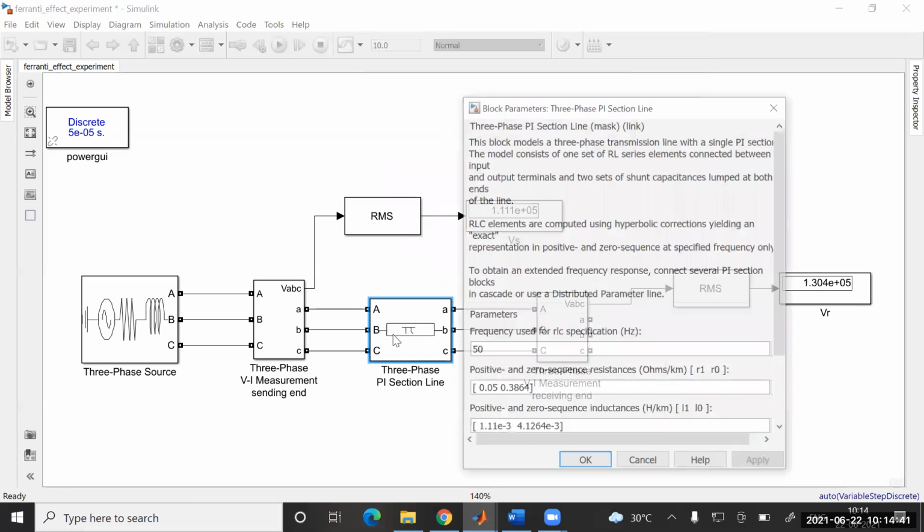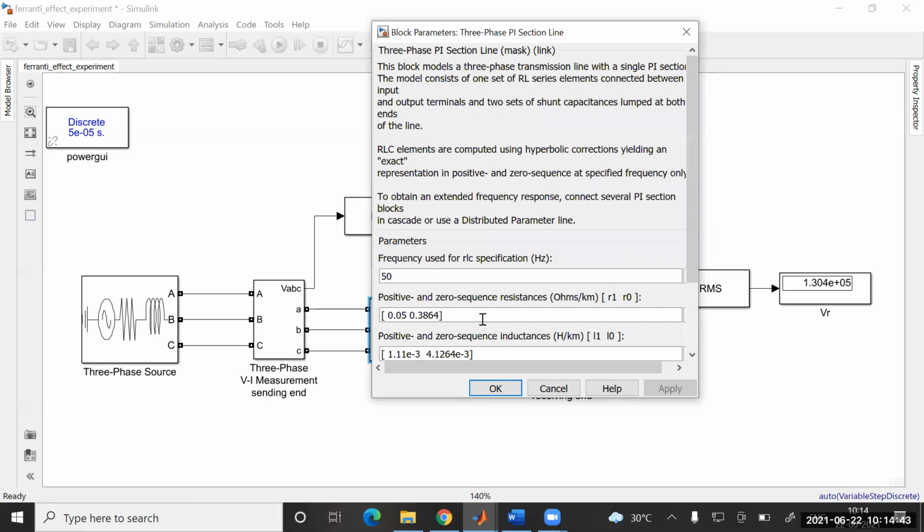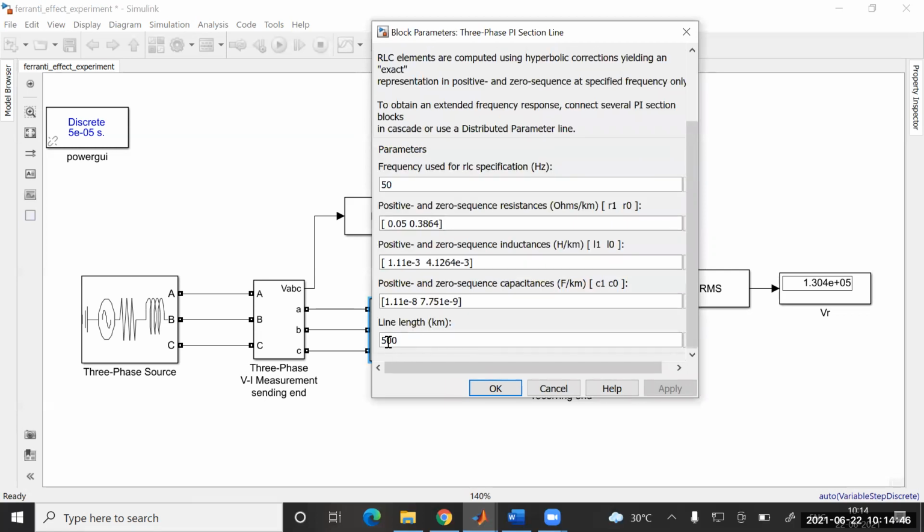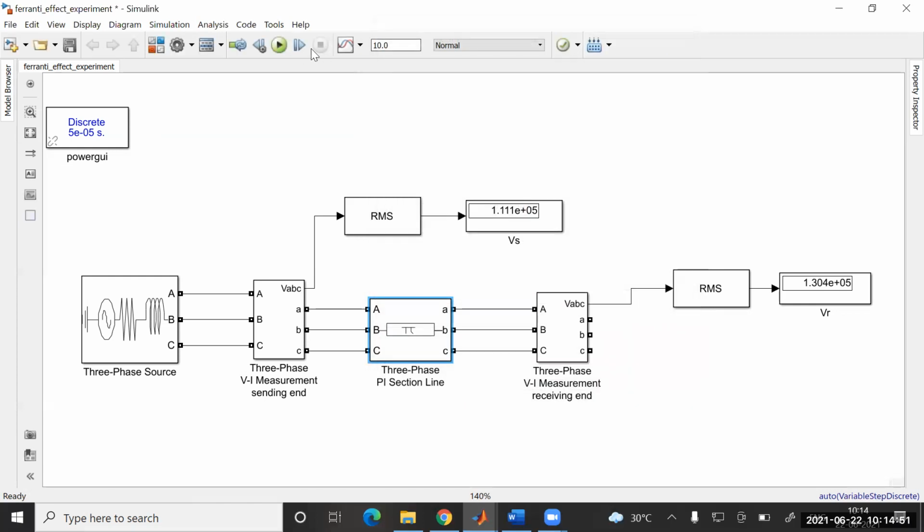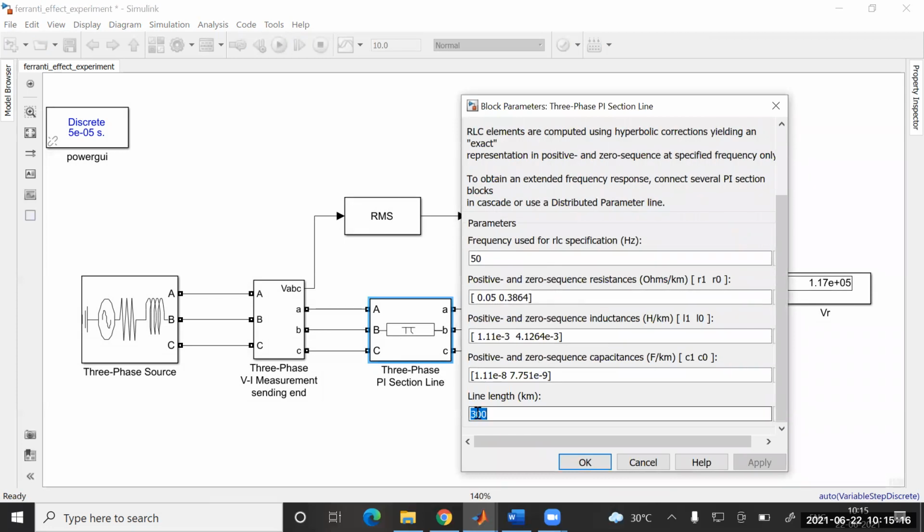Let's decrease this and see what happens. It got decreased, right? From 100 kilometer, this VR is now reduced by that much. Now again we'll go with the 100 part. Let's take 100.